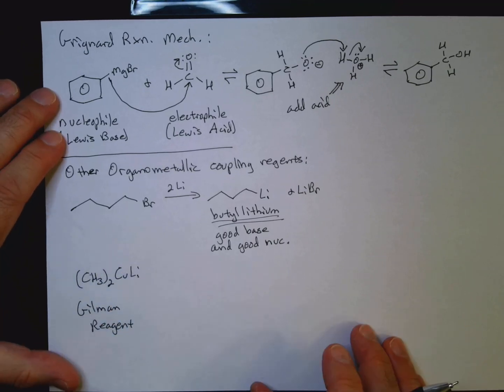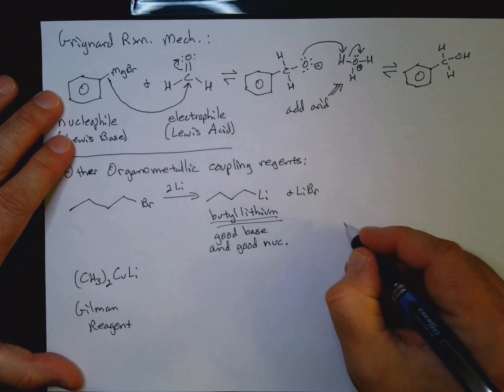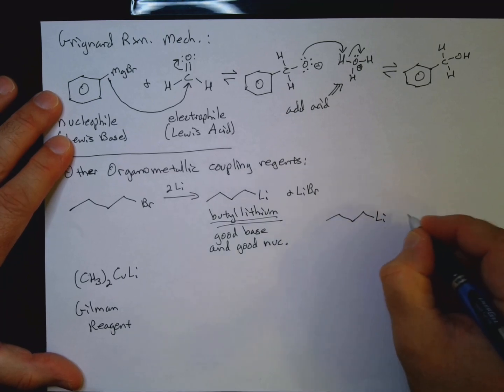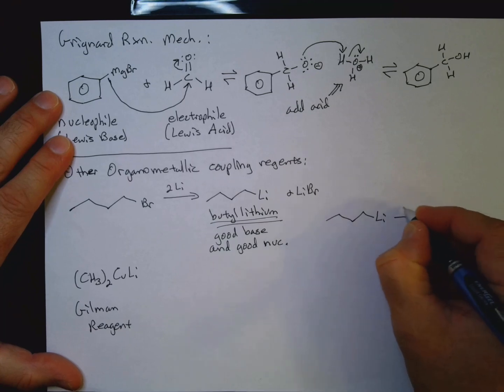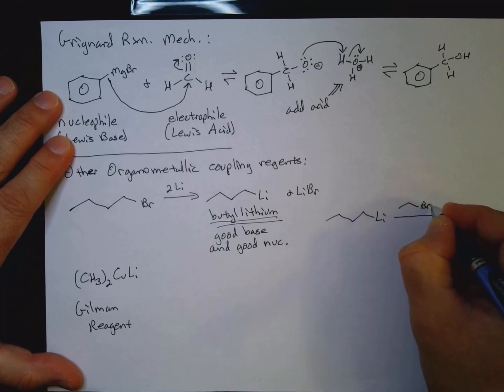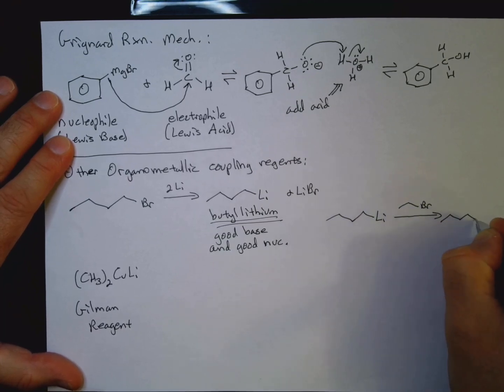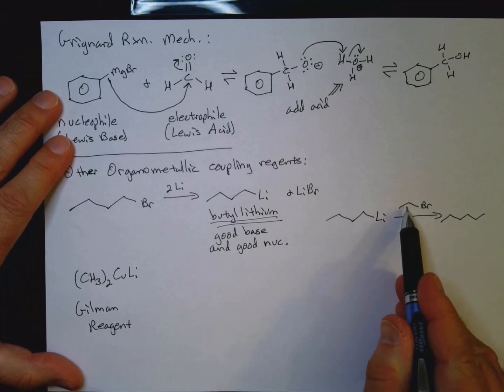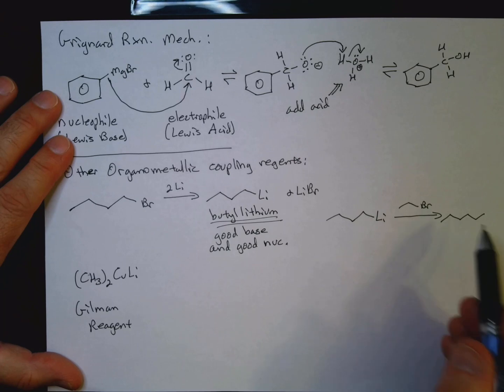So, for example, you could react your butyl lithium with ethyl bromide and get hexane.